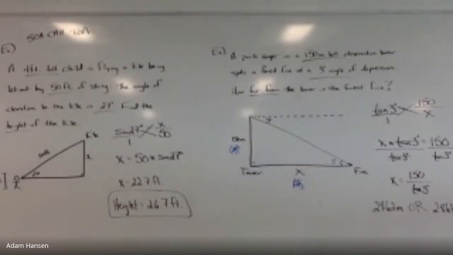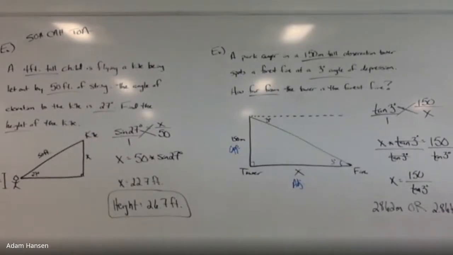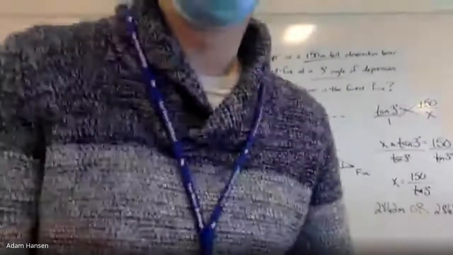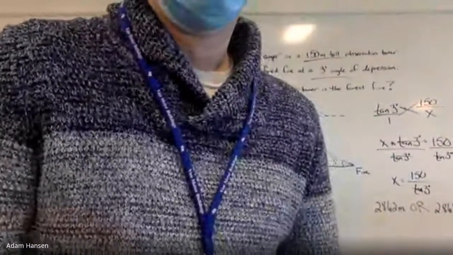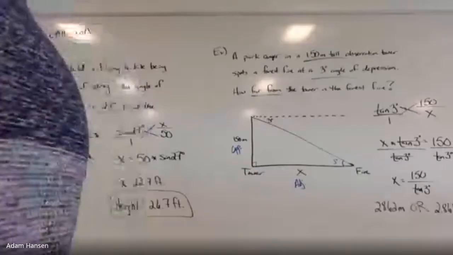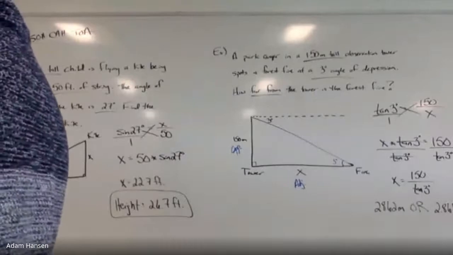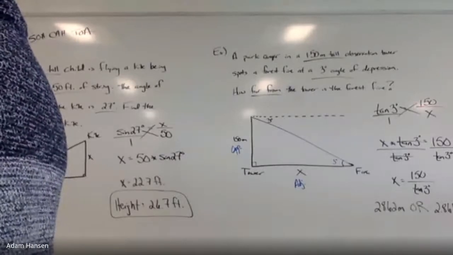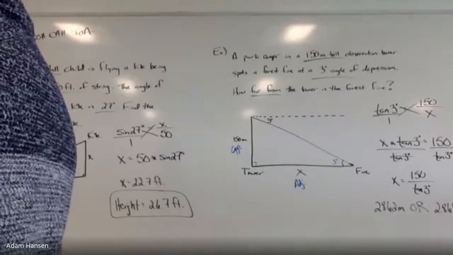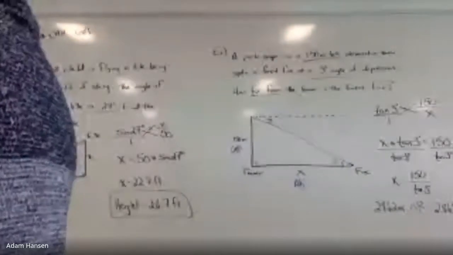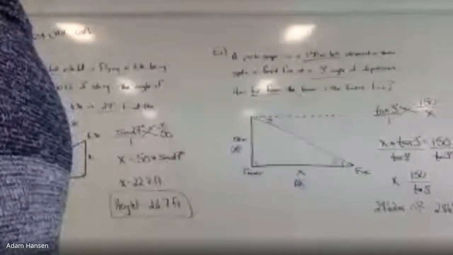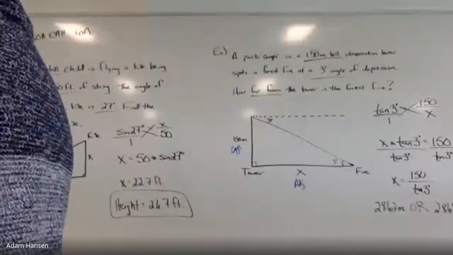I had number 3 in mind as you're looking off of this practice handout. So up on the television screen, number 3, reading this out loud. Think about how you're going to draw the picture like we practiced with those two up on the board. From a point on the ground, 12 feet from the base of a flagpole, a measured angle of elevation to the top of the pole is 53 degrees.